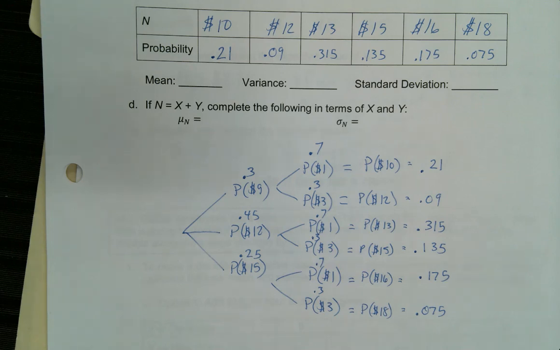Once you have your tree diagram finished and your probability distribution filled in, go ahead and find these three values and start analyzing those three values.